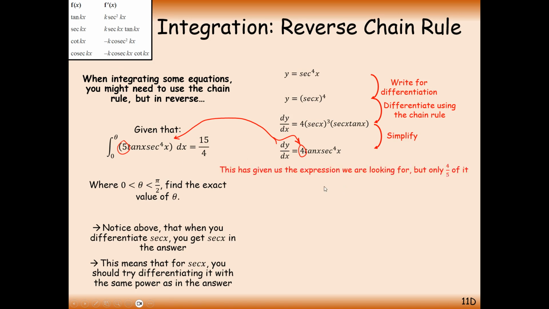So we have to put a factor of 5 over 4 in front of the integral, so that everything cancels away and works out to be what we want it to be. Integrating this expression, we'll end up with 5 over 4 multiplied by sec to the power of 4.